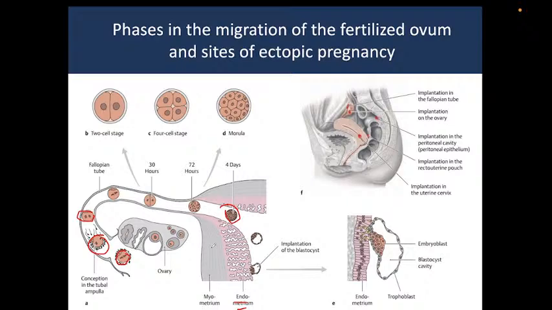Usually the implantation of the gastrula, this ovum we call gastrula, occurs with a probability of 50%, 50-50. So only half of fertilized ova can be implanted in the endometrium, but the others die.